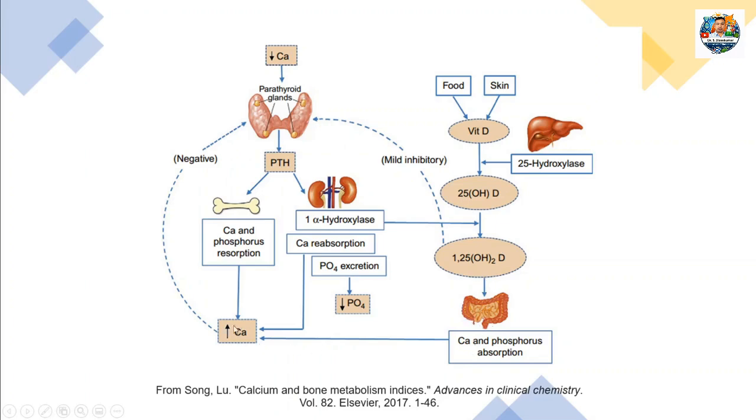So it will lead to the increased calcium ion in the plasma. So if it has increased beyond the normal level, then there is no need to absorb more calcium and phosphorus. So because of that, this hormone again comes and binds to the parathyroid gland and stops production of more parathyroid hormone, thereby stopping these processes.